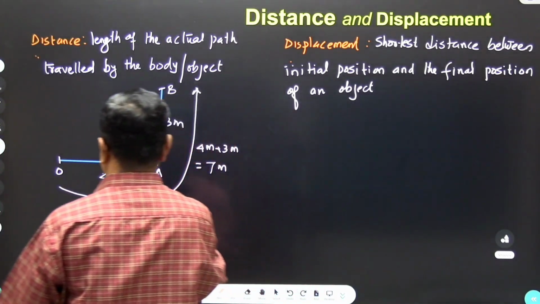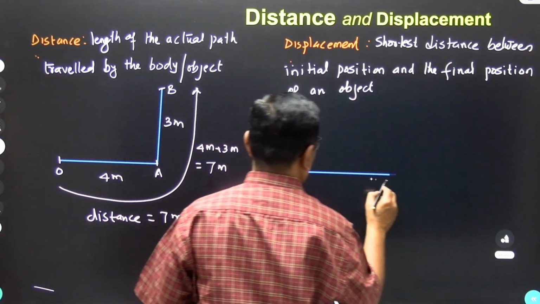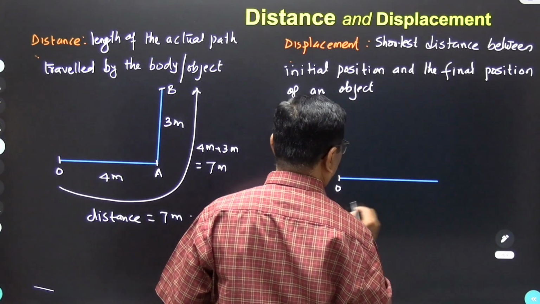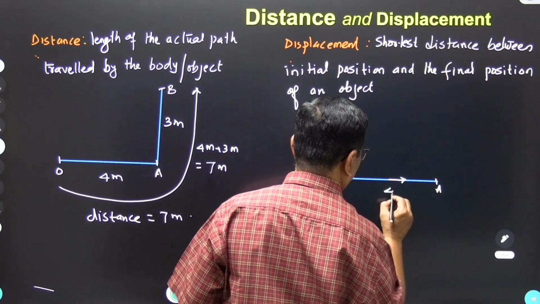So this is the 4-meter distance which the object has traveled from O to A. So its direction of movement is this.